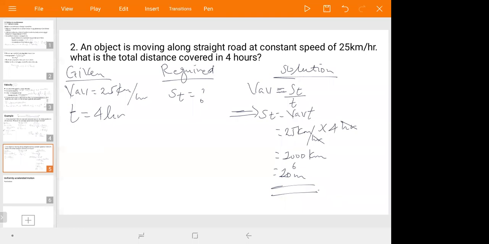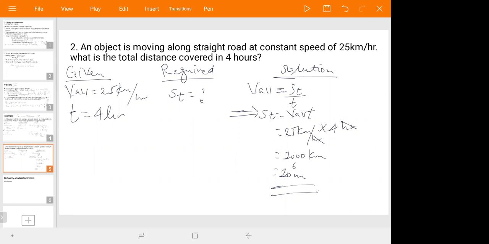The motion of a body in which equal distance is covered in equal intervals of time is what we call uniform motion. In uniform motion, speed or velocity is constant and acceleration is 0, because there is no change in velocity.